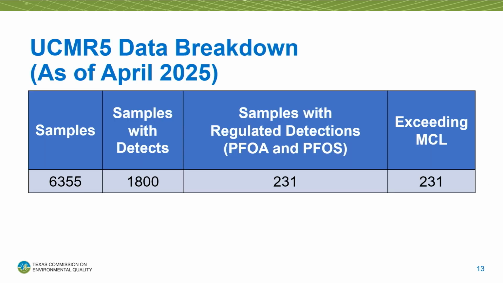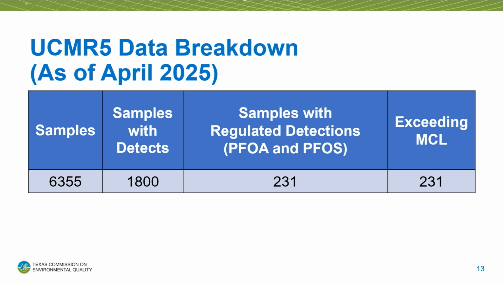A breakdown of that UCMR 5 sampling. This data was pulled from the EPA when they made their most recent data release, which was in April of 2025. Of that, there were 6,355 samples.